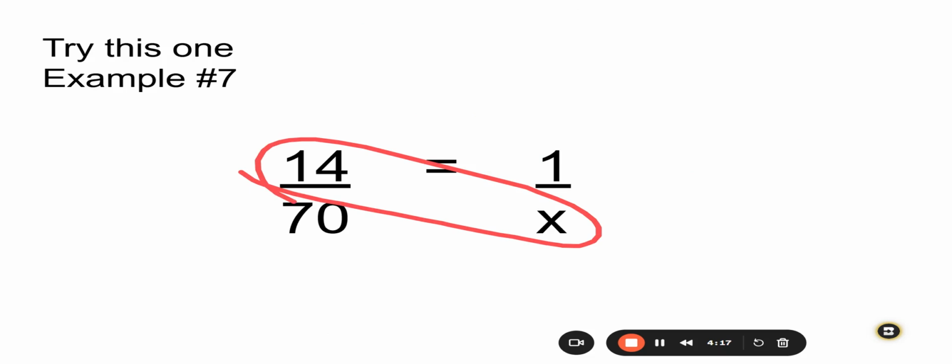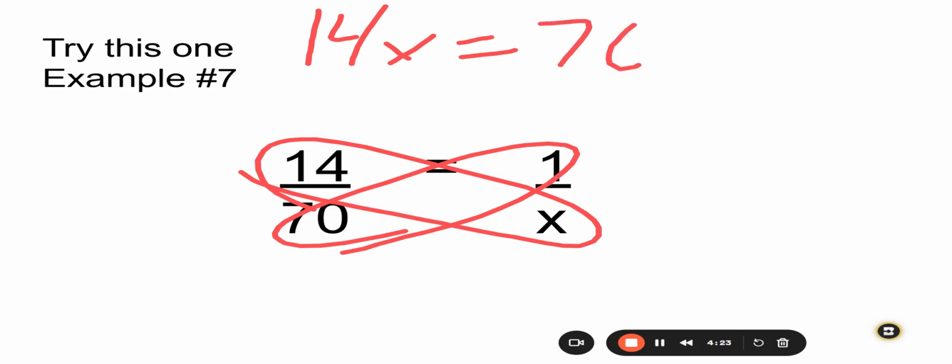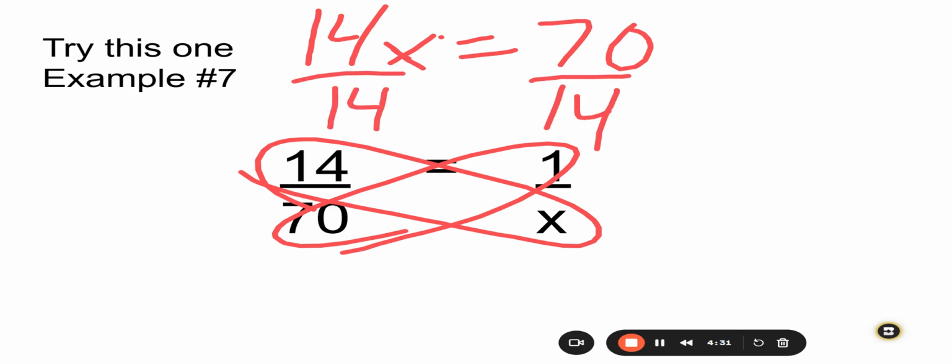So I'm going to do 14 times x. That's going to give me 14x. 70 times 1 is just going to give me 70. From here, since I'll have 14 times x, I'm going to divide. So divide both sides. And 70 divided by 14 gives me 5.